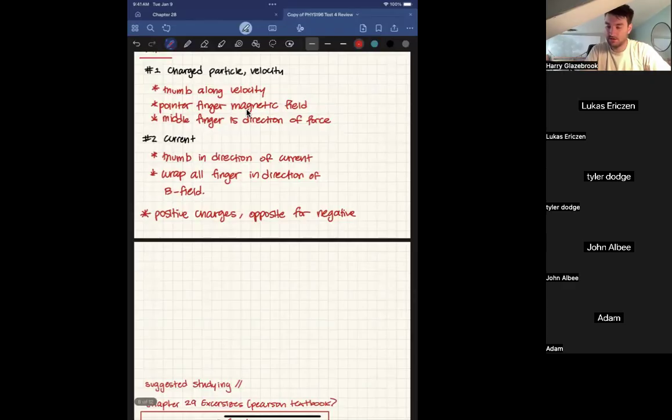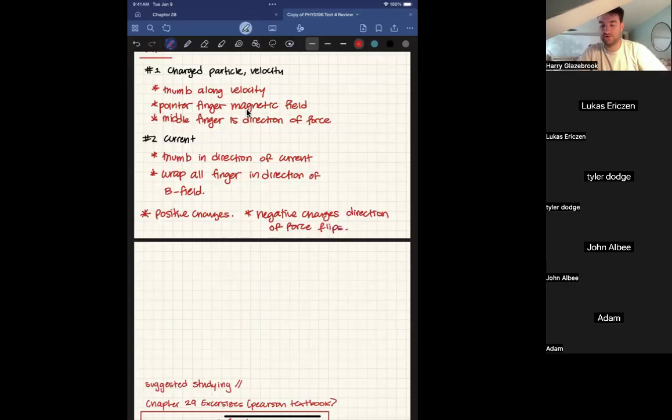So this is all for positive charges. For negative charges, the direction of force flips.